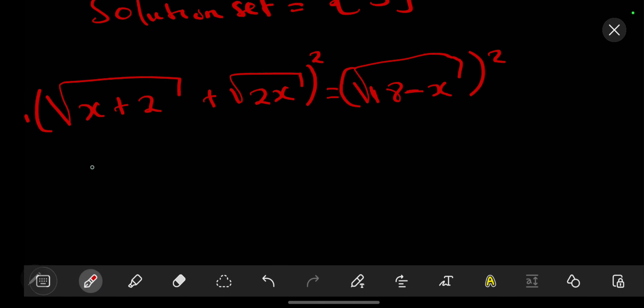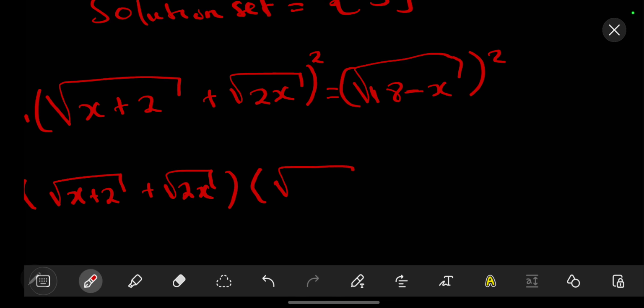This is the same as the square root of x plus 2 plus the square root of 2x. Another one, it will be the square root of x plus 2 plus the square root of 2x. So this is the meaning of this squared.